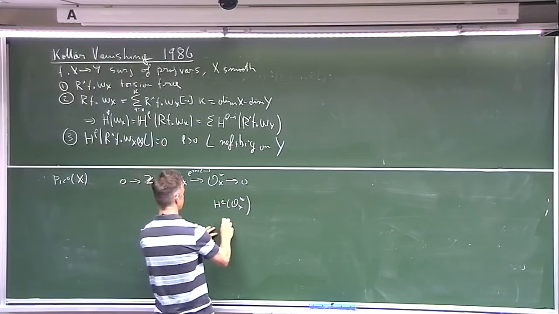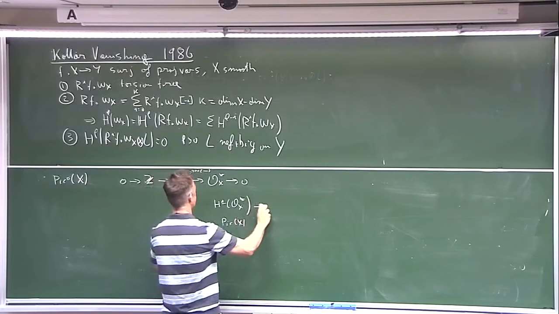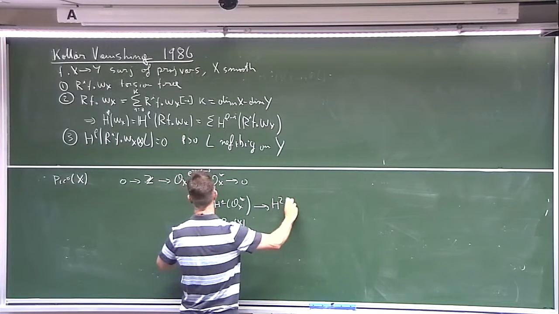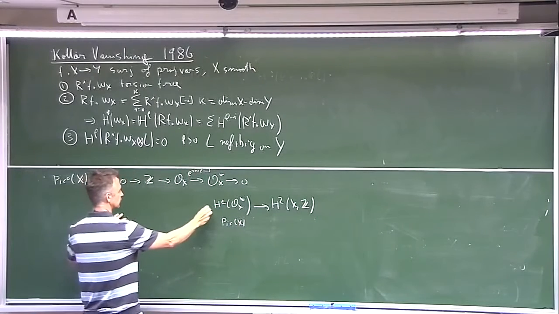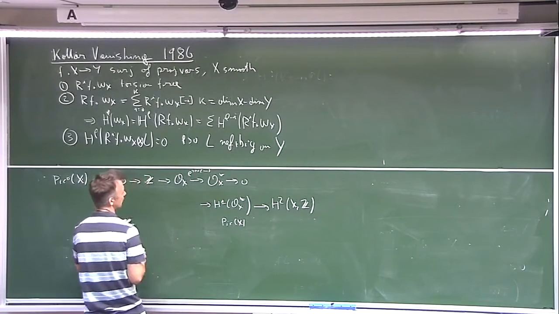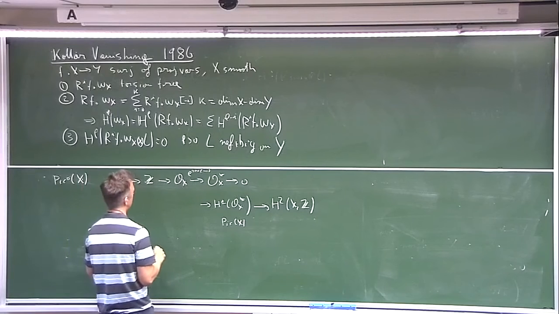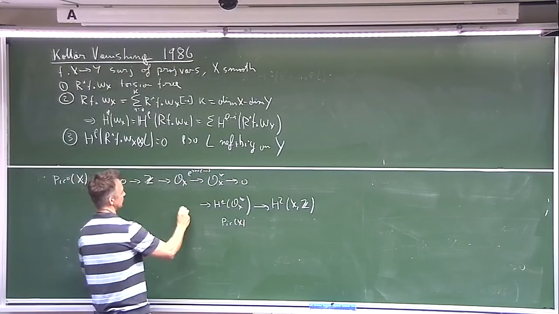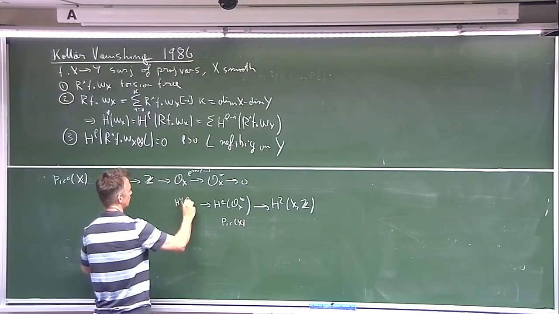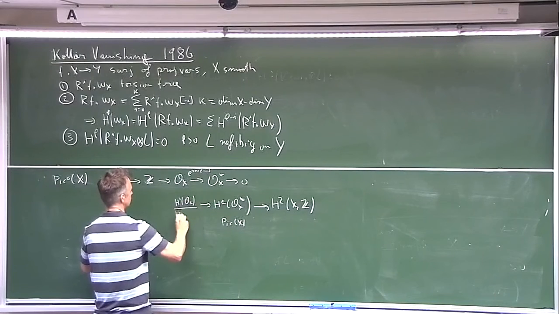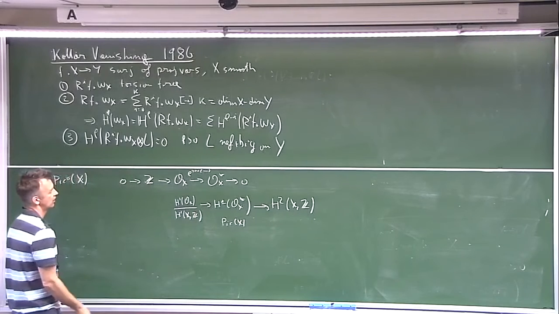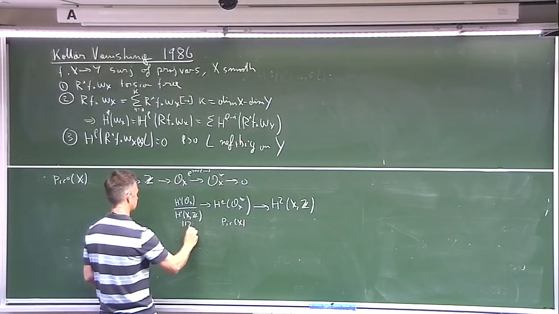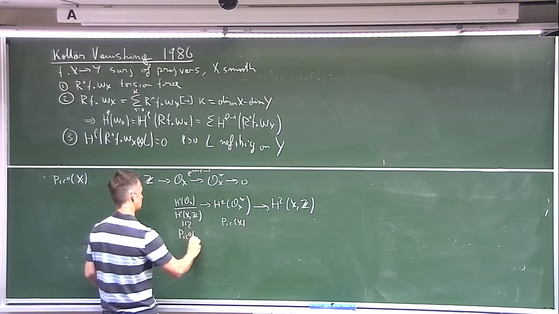So this is Pic of X. And there's a map from here to H^2(X,Z). Think of it as picking out the degree of some sort. And then the kernel of this map is going to correspond to H^1(O_X) modulo H^1(X,Z). So this group here is going to be Pic^0 of X.